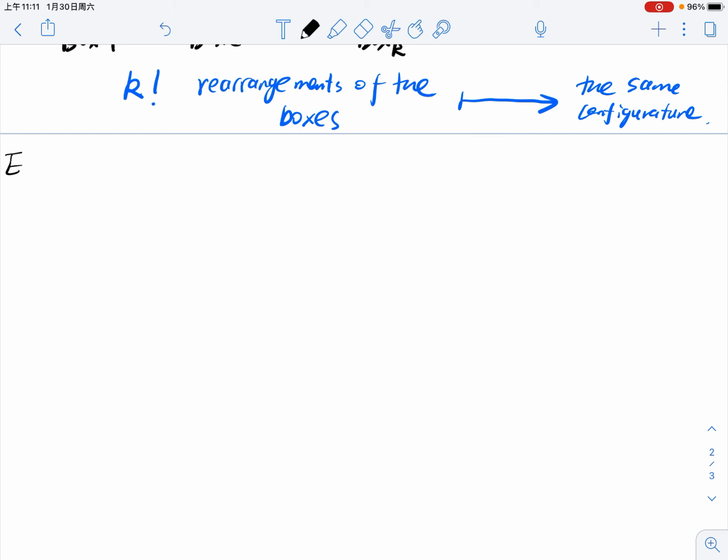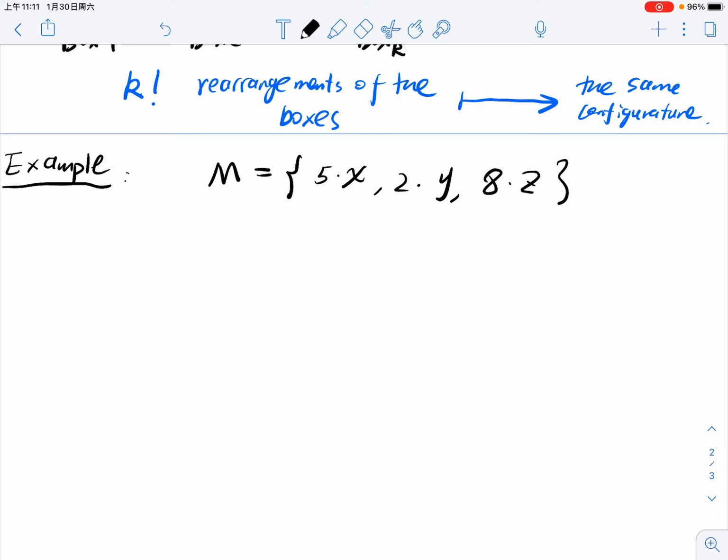Okay, now let's look at a slightly more complicated example. Suppose M is a multiset with elements 5 times X, 2 times Y, 8 times Z. Then what is the number of all 13-permutations?